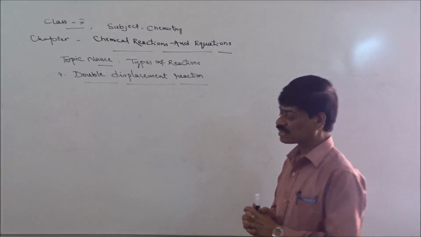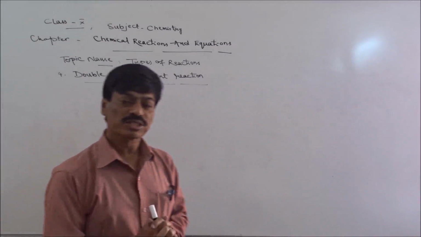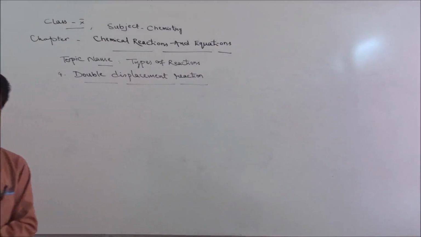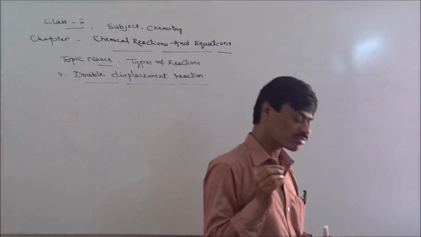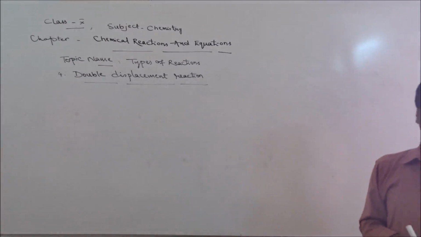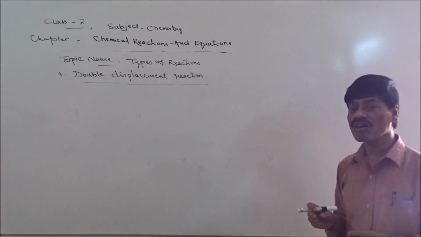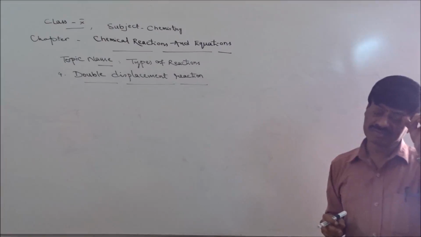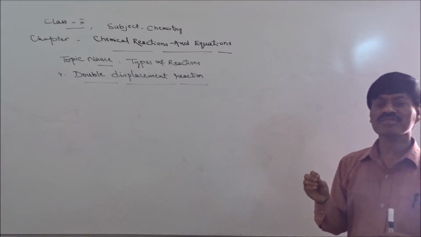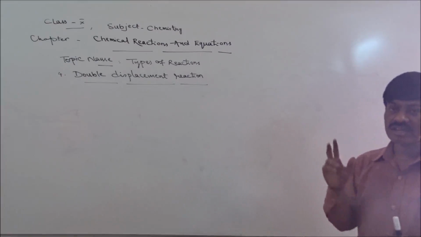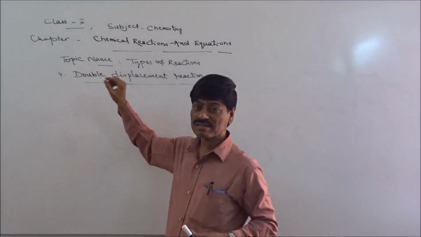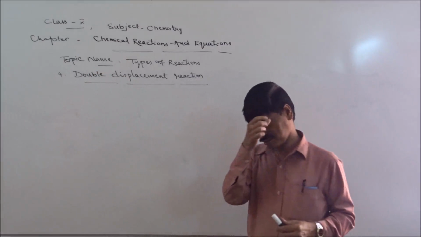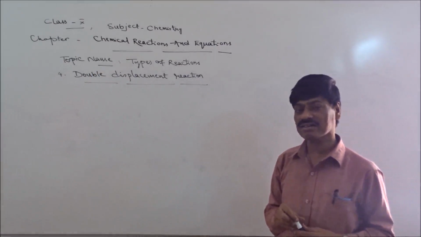Right? Next. Number 2. Each reactant which is there in the form of compound, that too in aqueous form, undergoes ionization to form ions. There are two reactants. Out of two reactants, each reactant undergoes division to form ions.